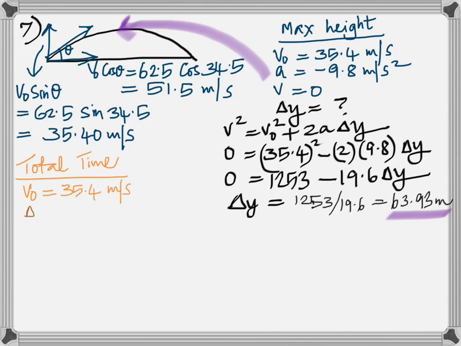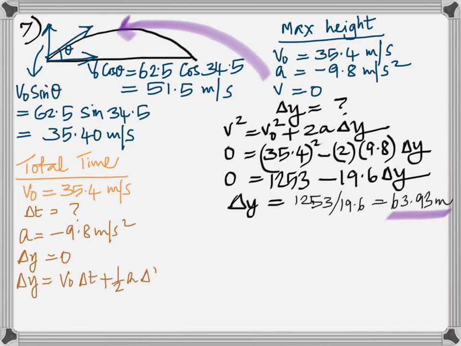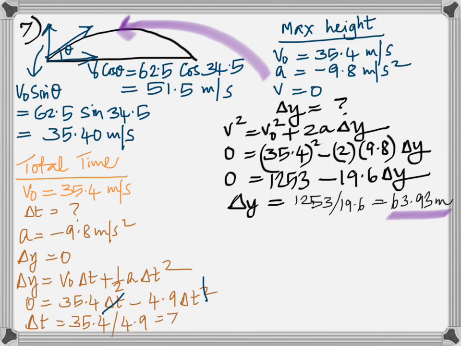and a is negative 9.8. And we know that delta y is 0 when you consider the whole motion. So use this equation, substitute, to get delta t as 35.4 divided by 4.9, that gives 7.22 seconds.